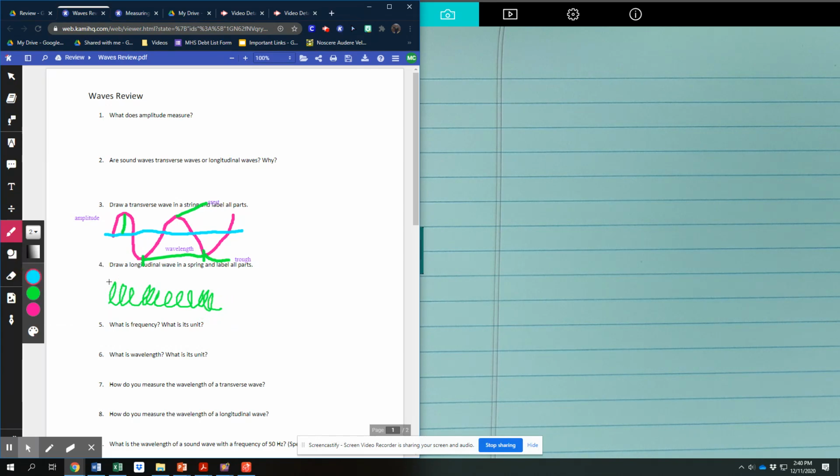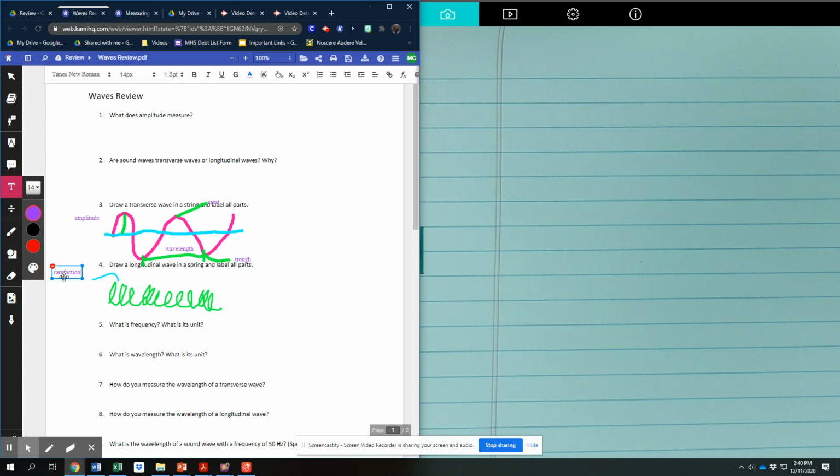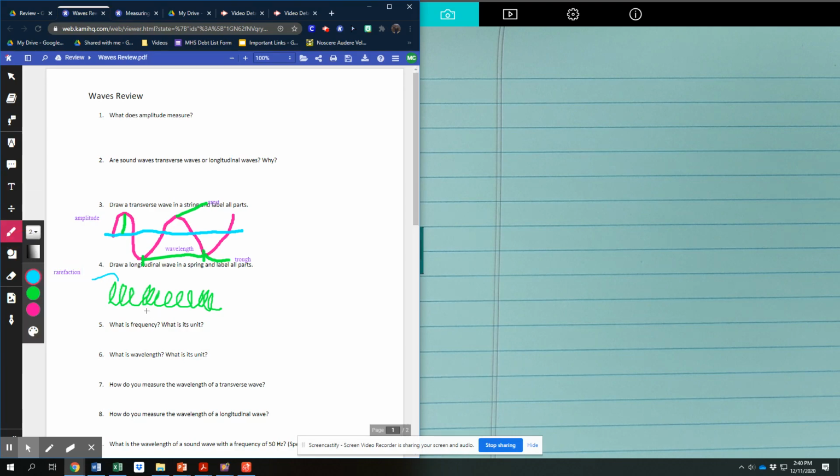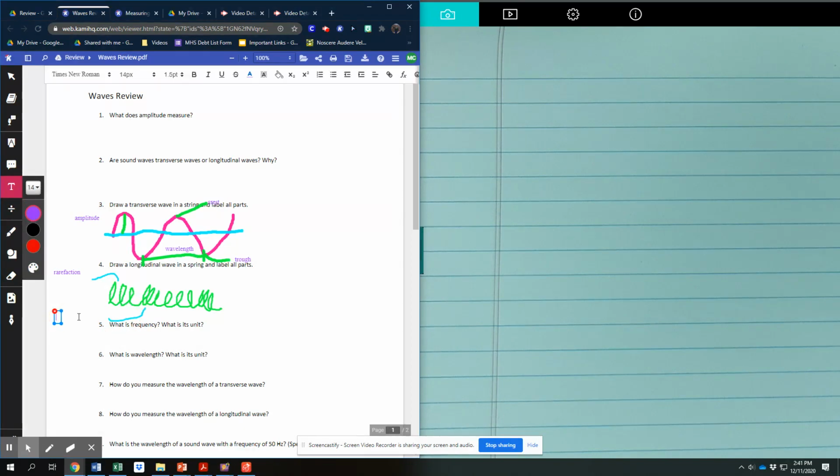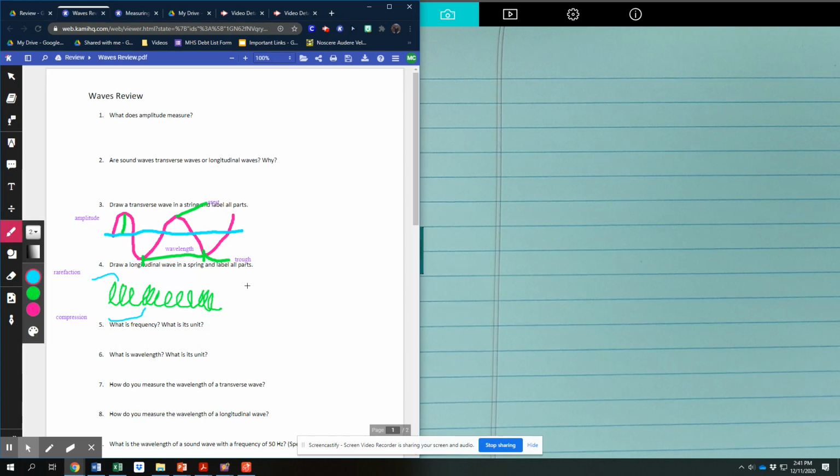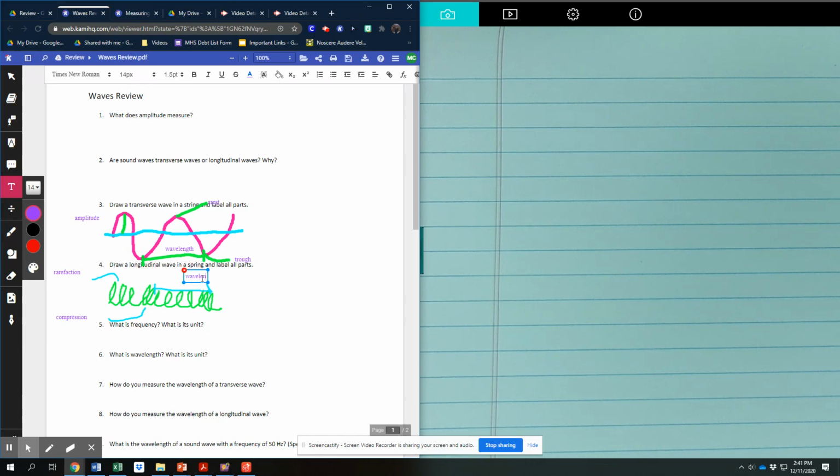Where it's spread out, that's the rarefaction. Where it's tight together, that's the compression. And from one point to the next point, that's the wavelength.